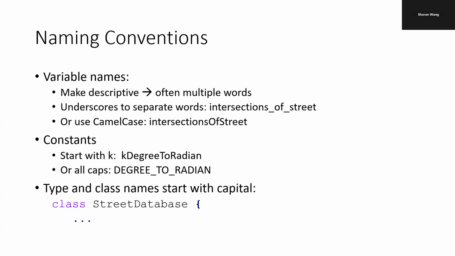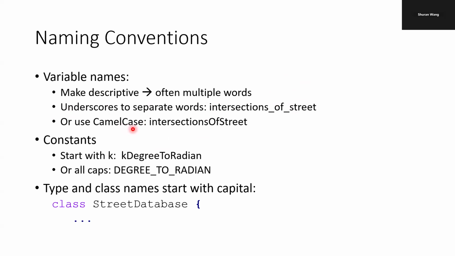So general naming conventions for variable names, you have to start with a lowercase letter. That's the global rule for variables. It has to be descriptive, often multiple words, and you can discuss amongst your group whether you want to use underscores or camel case.